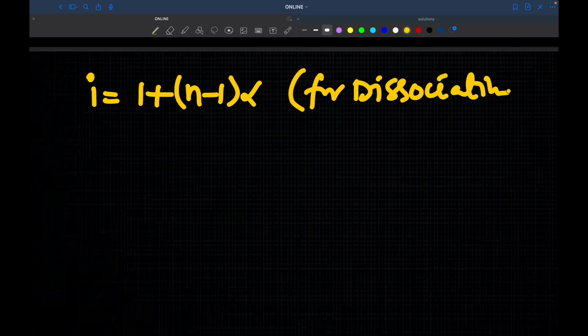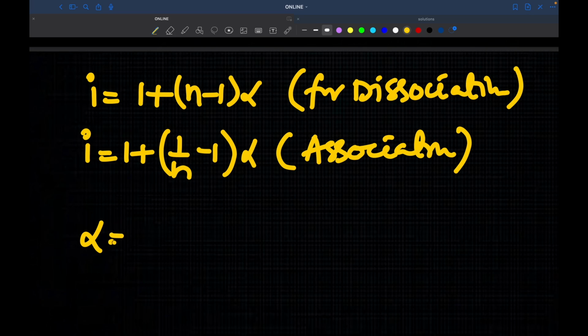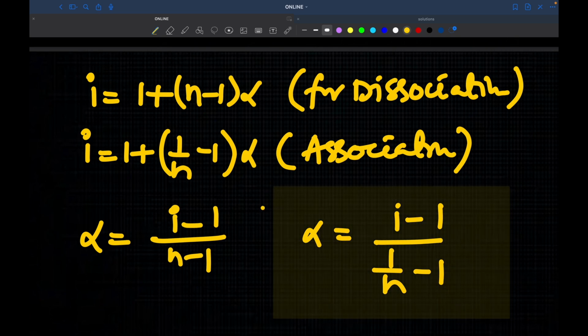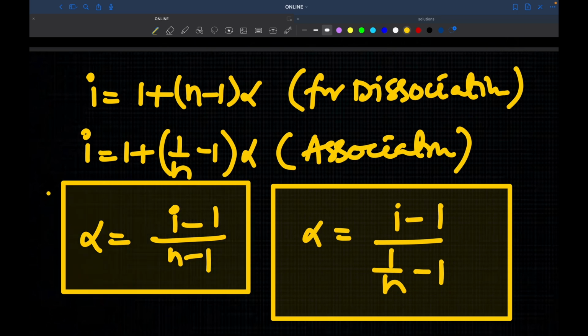And I equal to 1 plus 1 by n minus 1 alpha. This is for association. From these, writing alpha for the first gives I minus 1 by n minus 1. For the second, alpha equal to I minus 1 by 1 by n minus 1. So with these two formulae we can calculate alpha. Percentage of dissociation can also be calculated using these two formulae. These are four formulae; write them down, also in your NCERT. Why? Because this is very, very important.